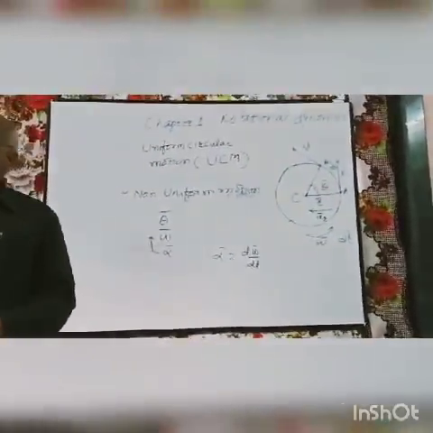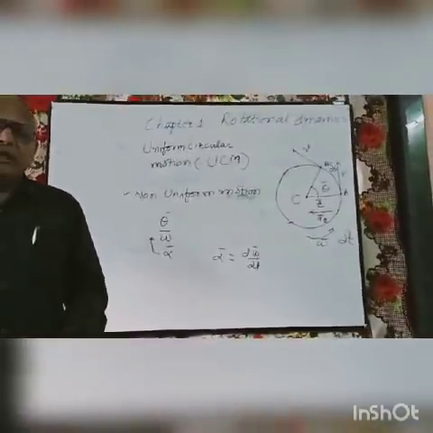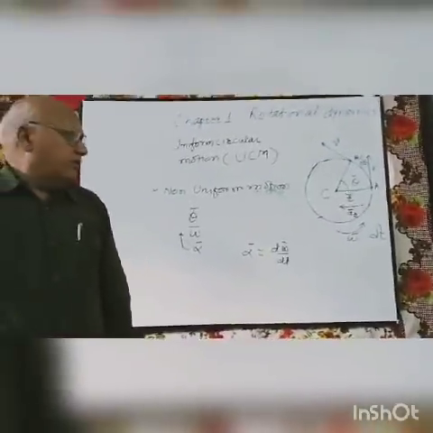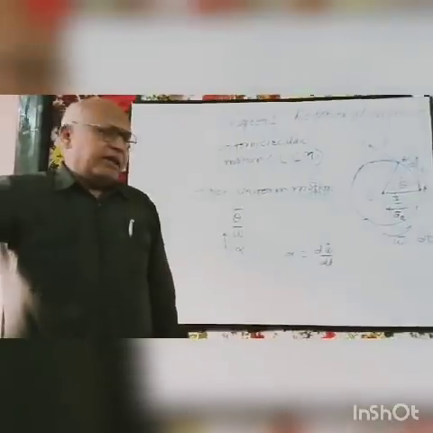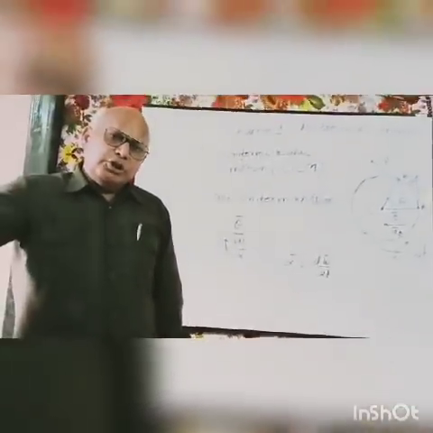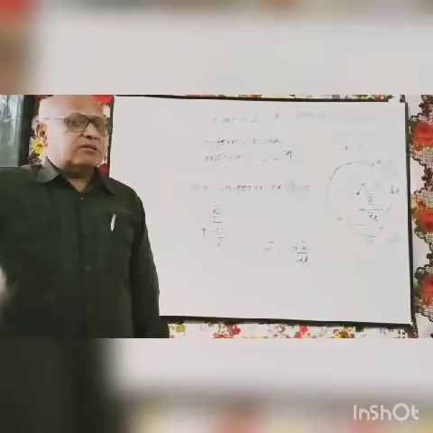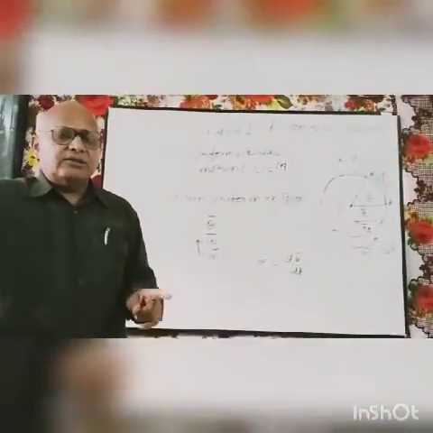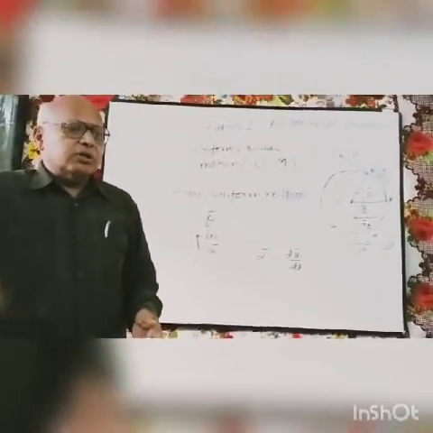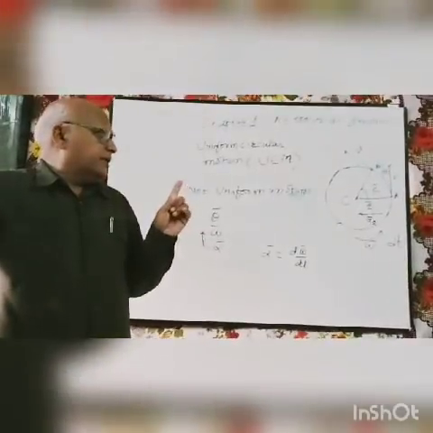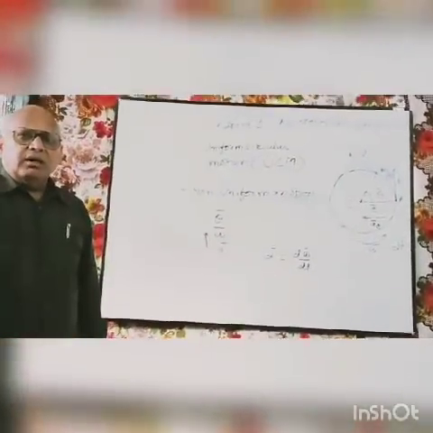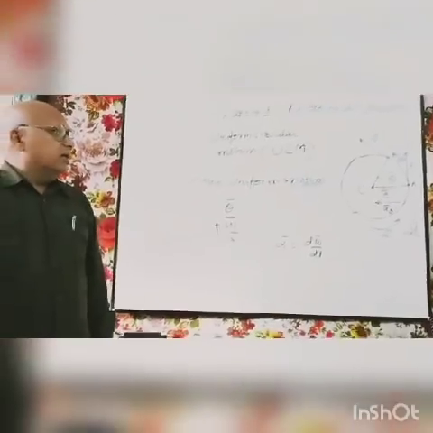What is centripetal acceleration? The acceleration which is directed along the radius but opposite to the radius vector is called centripetal acceleration. In other words, the acceleration which is directed towards the center of the circle performing circular motion is called centripetal acceleration.